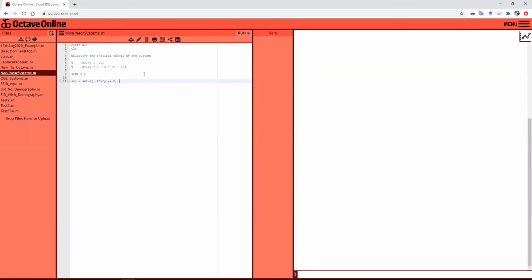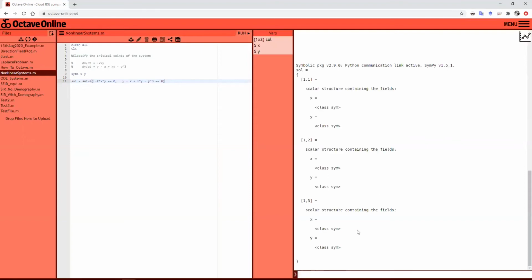Then I should write solve negative 2 times x times y equals 0 is our first equation we want to solve. The second equation is y minus x plus x times y minus y to the power of 3 equals 0. Okay, so if I save that and run that, from lecture 35, that should give me 3 solution points.